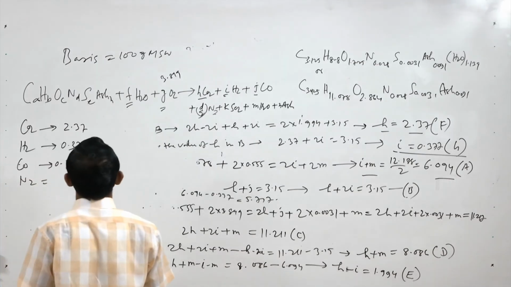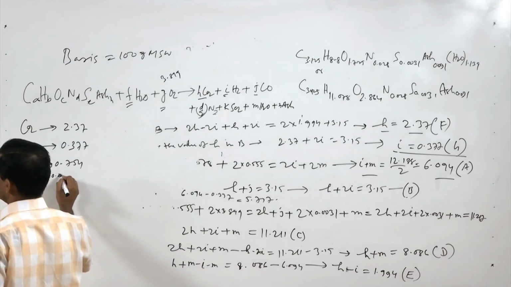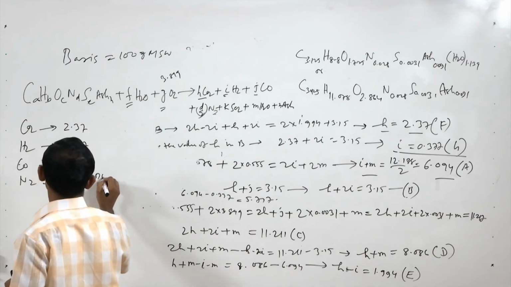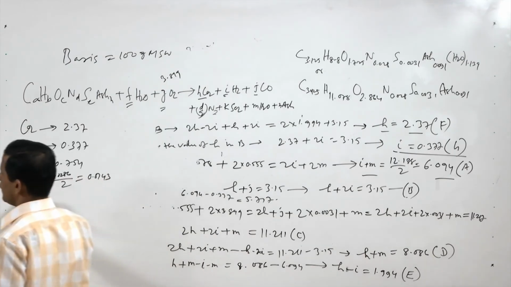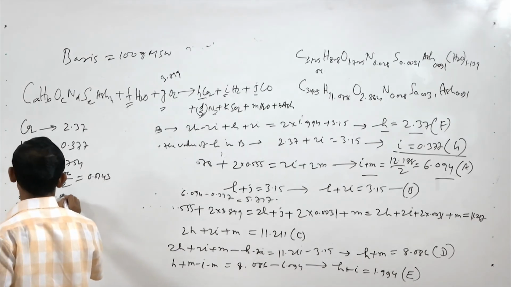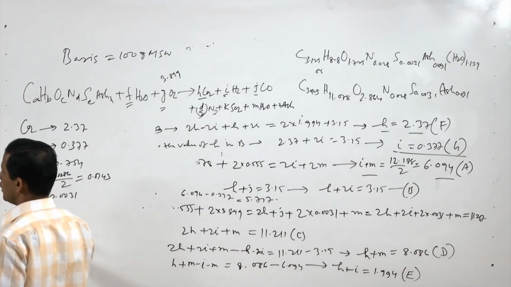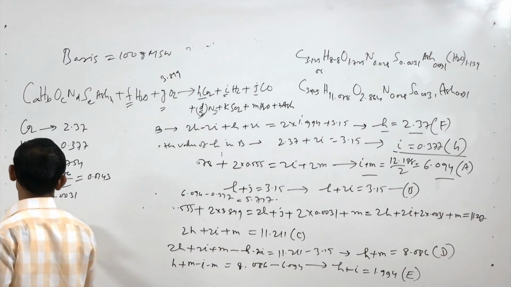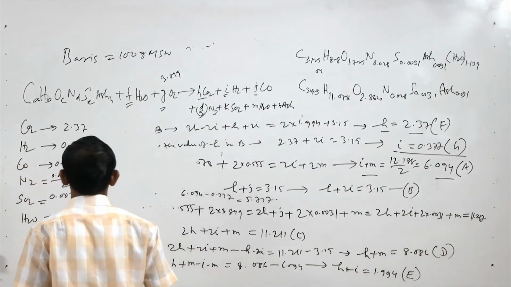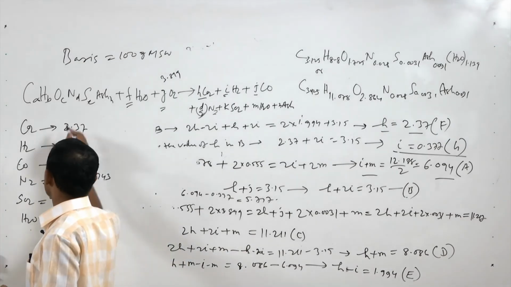So D is equal to 0.0286, so that divided by 2, 0.0143, and now we are getting SO2. SO2 is equal to 0.0031 moles, and H2O is equal to 5.717. So these are the moles which are present in this.